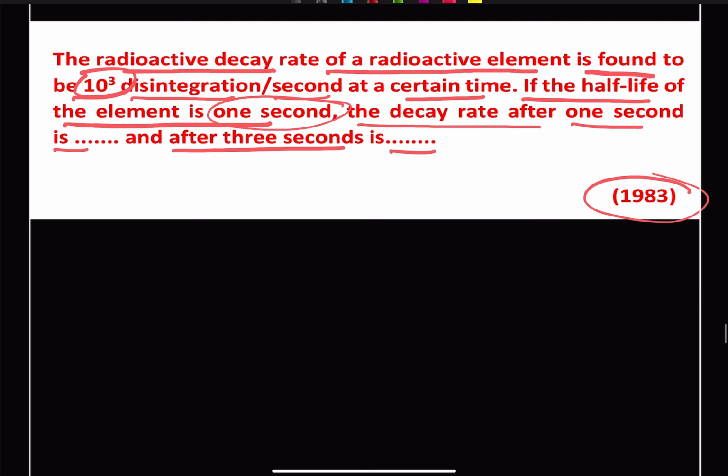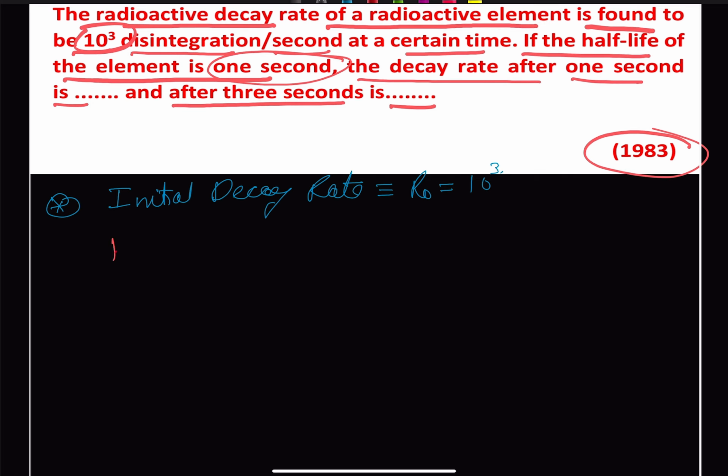So we can start from there only. We are given the initial decay rate, that is R0, given as 10⁻³, and we are given the half-life, which is T half, that is 1 second.